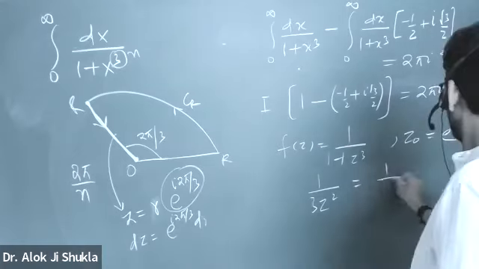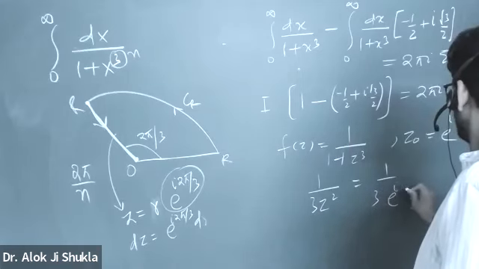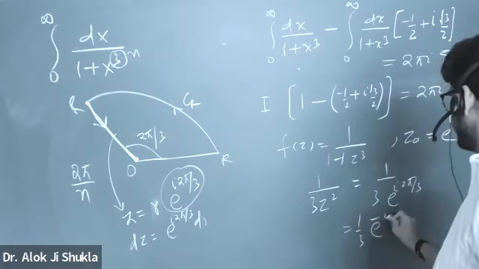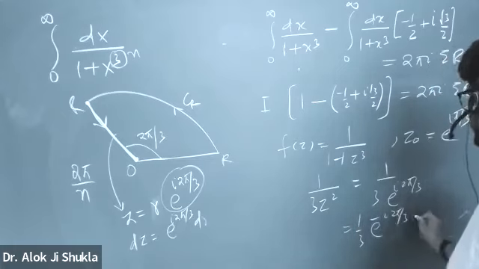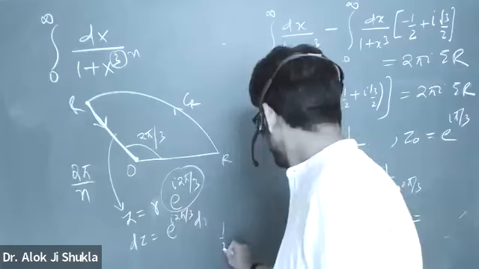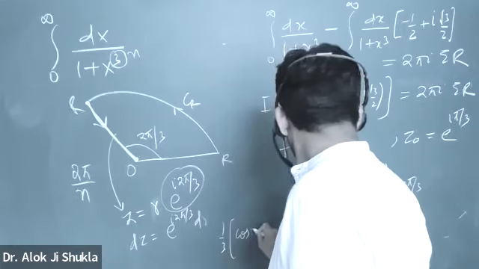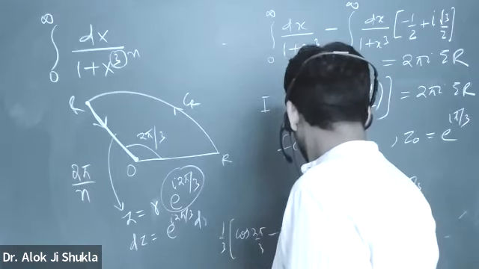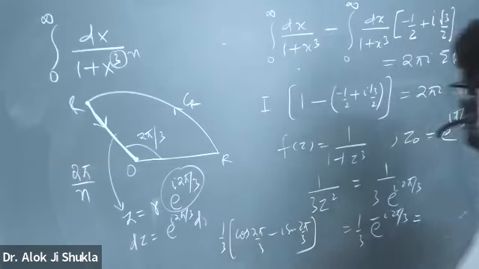So it will become 1 by 3 e to the power i 2 pi by 3, correct? Yes, sir. Which is 1 by 3 e to the power minus i 2 pi by 3. What is this? Minus of cos pi by 3 minus of i sin pi by 3. So this is 1 by 3 times cos 2 pi by 3 minus i sin 2 pi by 3. This much.